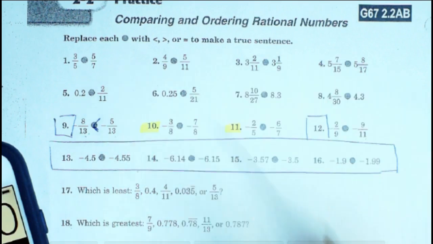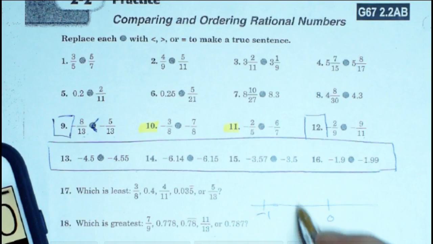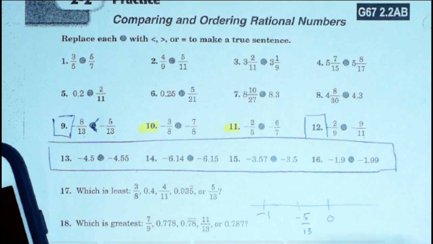Let me just sketch a number line real quick here. Here's 0 and here's negative 1. Well, this one might be somewhere right here, negative 5/13. See if I can't get that a little bit better on the cam.